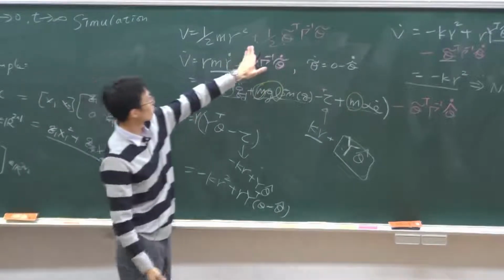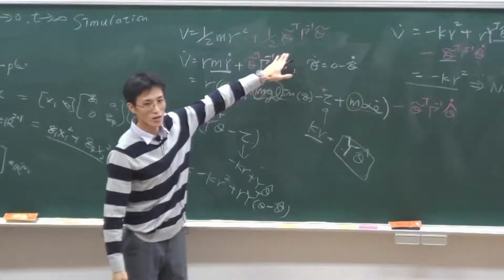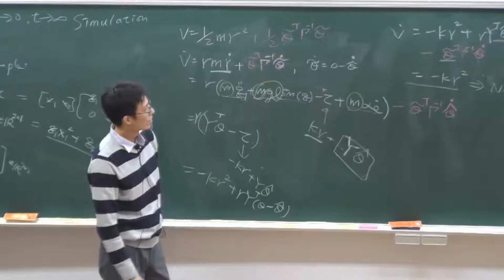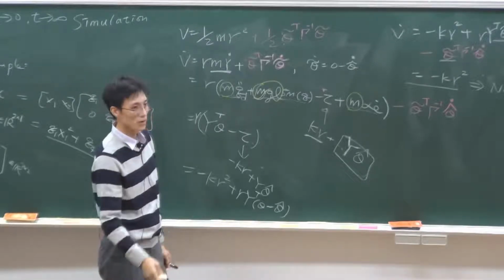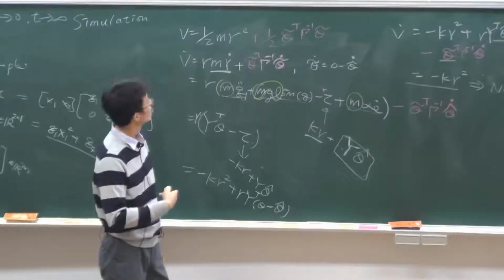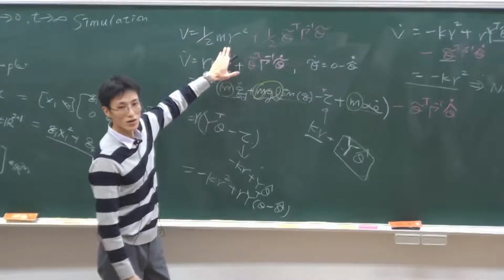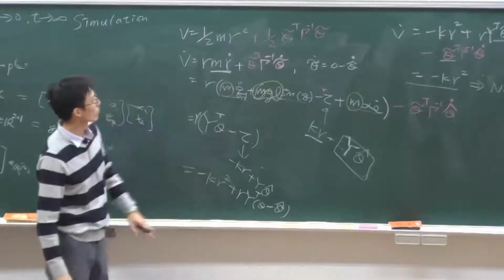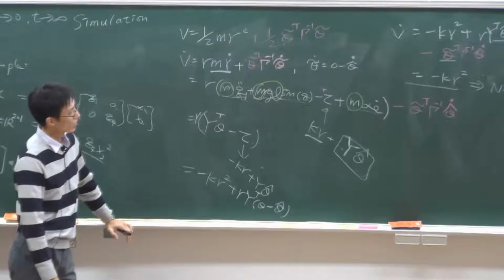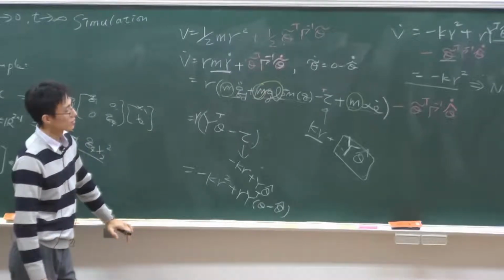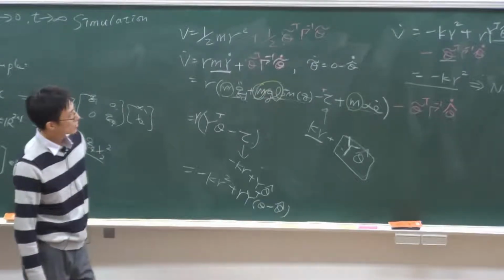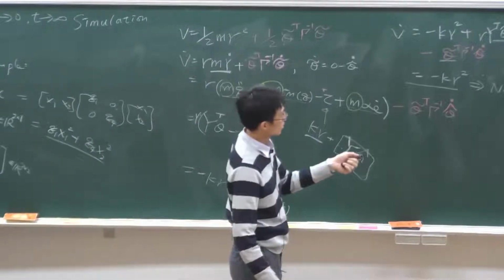No, because you add one more term here, right? So it's negative semi-definite. But you can use Barbalat's lemma to show r goes to 0. Because we are running out of time, the rest will be next week. So this is how we design the adaptive law.